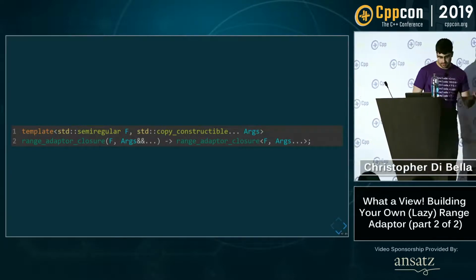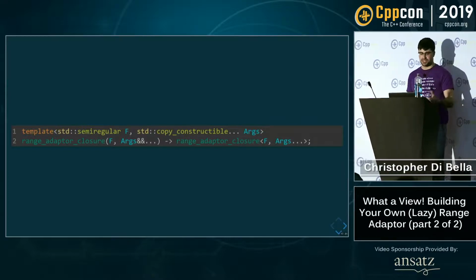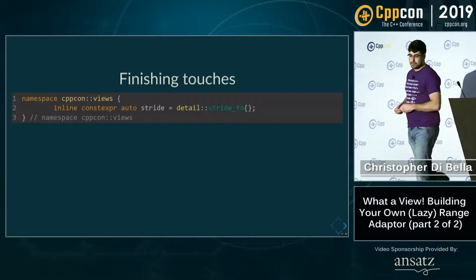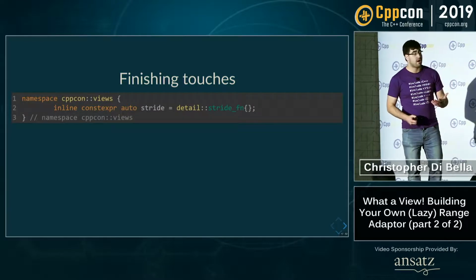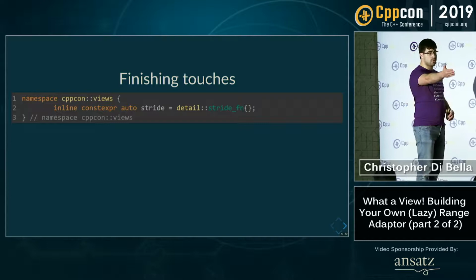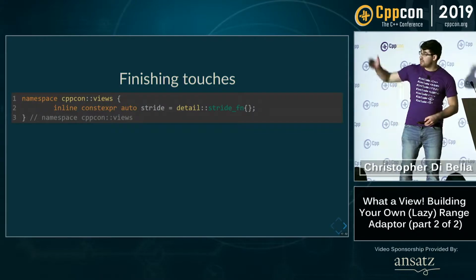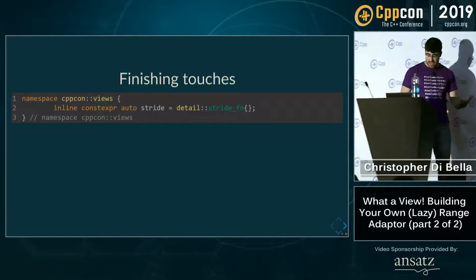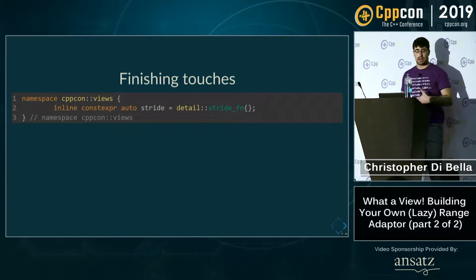And so that's how we do it here. Finally, the finishing touches, we want to provide an object that is our range adapter stride. And this is pertaining to what you were asking about in the previous session. This is what goes into namespace views. And so that's what we have as our range adapter closure.